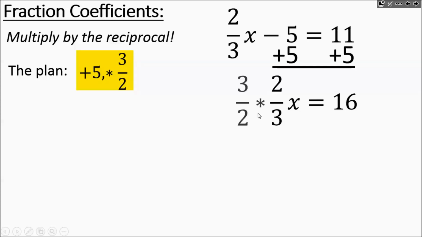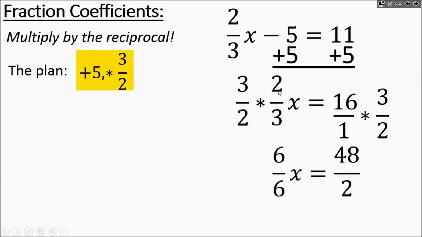I'm going to go ahead and write it over here. Now, if your constant on the right side is a whole number, think of it as 16 over 1 times 3 over 2. Some of you may immediately know that this is going to work out to 1x, but I'm going to show you some more steps than necessary. 3 times 2, 2 times 3 gives you 6 over 6x. 16 times 3, 1 times 2 gives you 48 over 2.